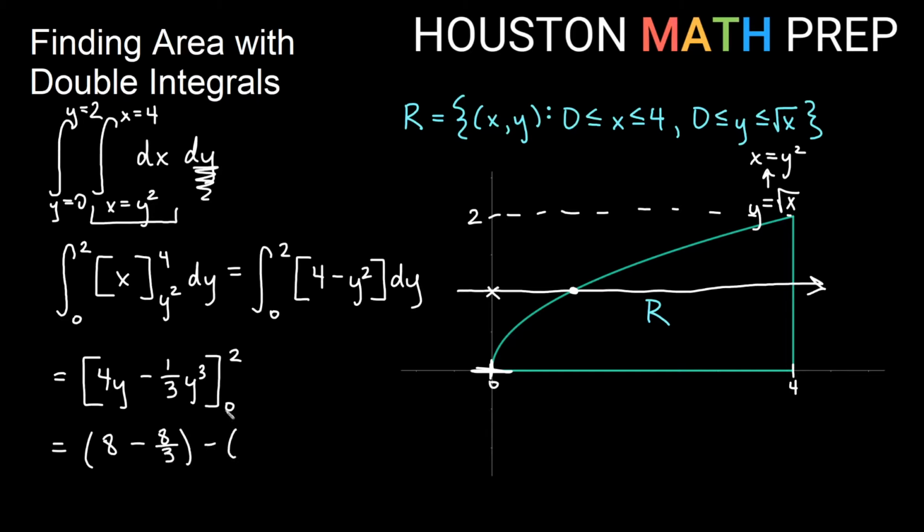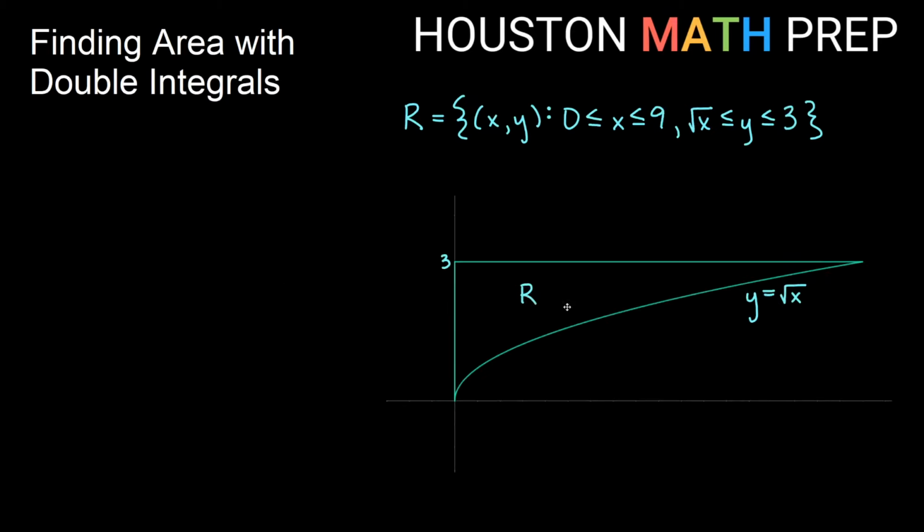And then when we plug in 0 for each of these, we'll get 0 and 0, right? We'll get 8 minus 8/3, in other words, 24/3 minus 8/3, and you will see that this is also the same as our last one here, 16/3.